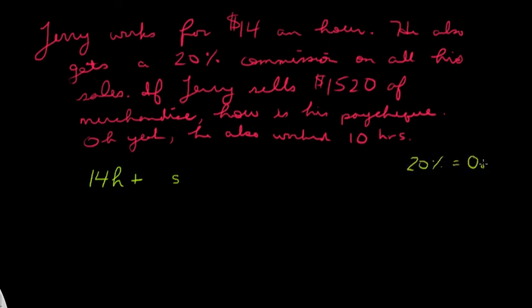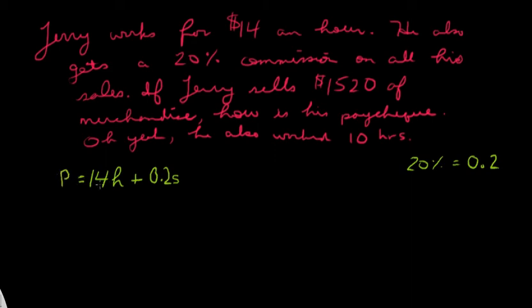We don't have an equation yet because there's not an equal sign somewhere. So let's make this into an equation by saying that Jerry's paycheck, P, is going to equal 14h plus 0.2s.